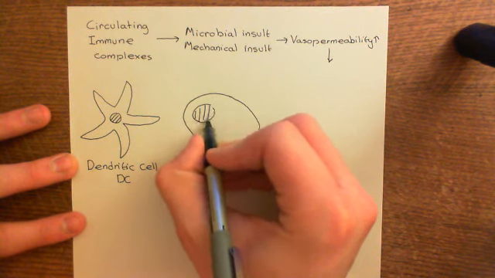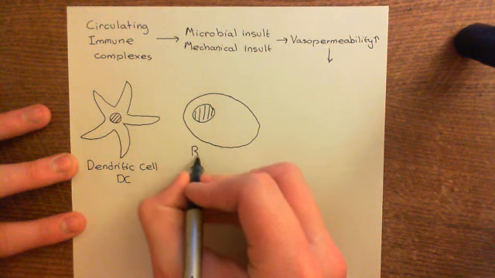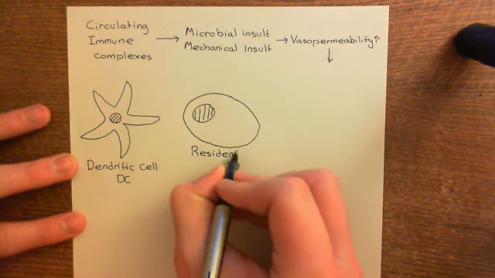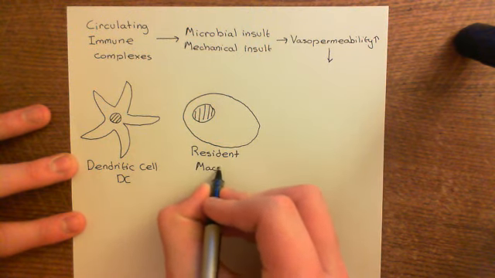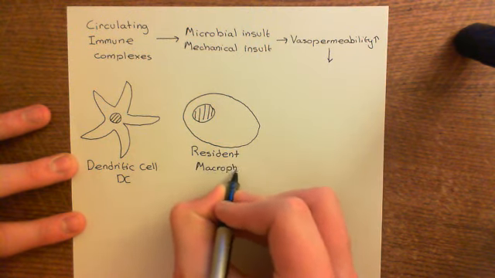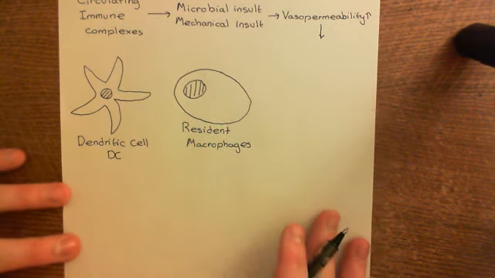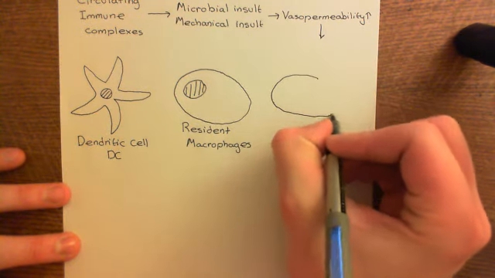So here is the nucleus of our resident macrophage, and this again is a sentinel cell. So when it sees signs of pathogens, it's going to send out alarm signals which are going to initiate the acute inflammatory response.